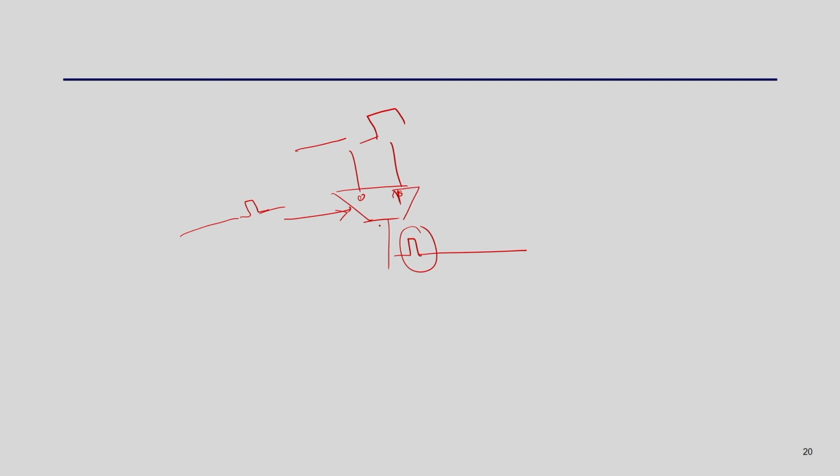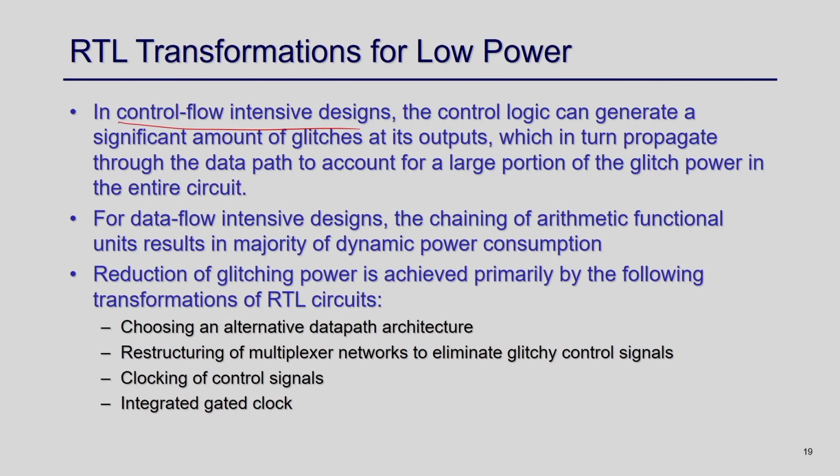The point here is that if there is a glitch in the control signal, it gets propagated into the data path. Because of the glitch, the wrong input will be selected for a very small fraction of time, and as a result that might create some glitch. Also in the data path, when you have chaining of arithmetic units, it creates some kind of glitch.